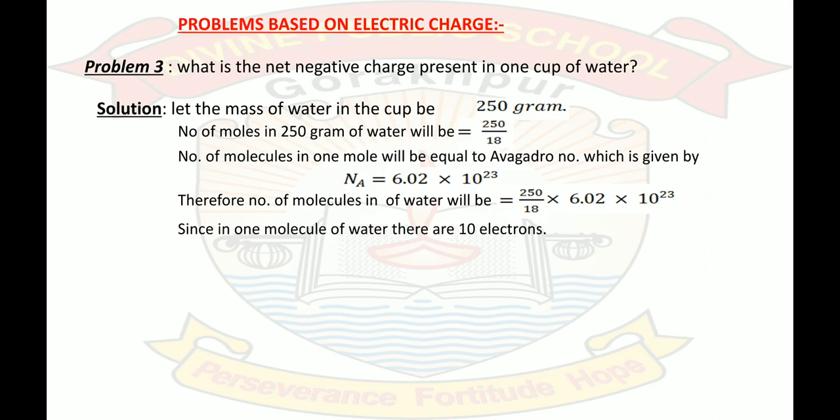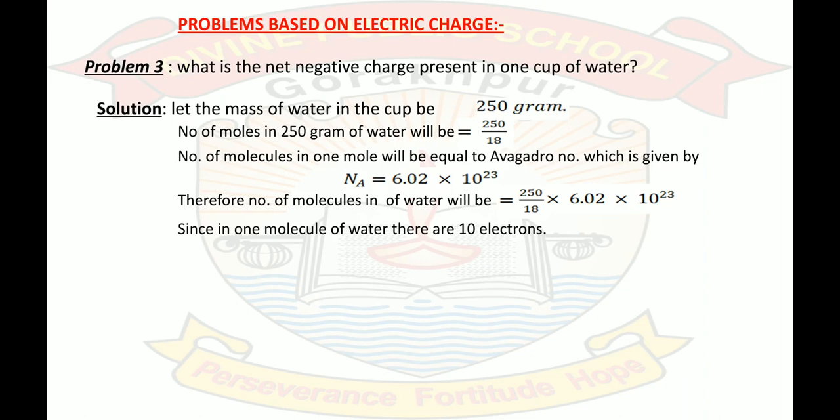Now in 1 molecule there are 10 electrons. How does 1 molecule have 10 electrons? Try to understand. For 2 hydrogen atoms there are 2 electrons. For 1 oxygen atom there are 8 electrons. So 8 plus 2, how many electrons? 10 electrons. In 1 molecule there are 10 electrons, and the number of molecules is given by 250 upon 18 multiplied by Avogadro number.